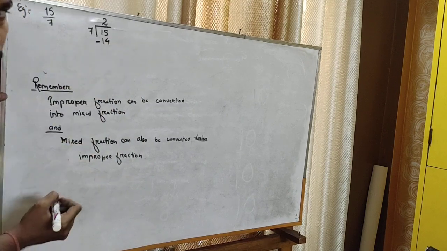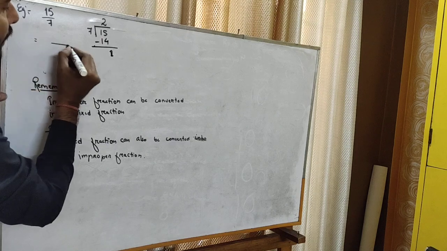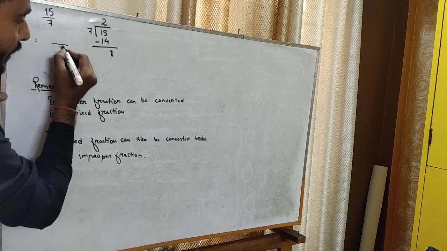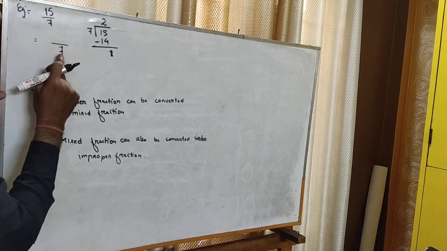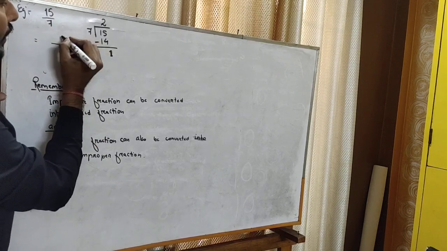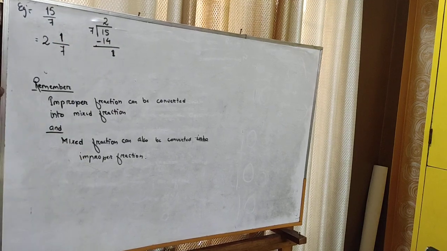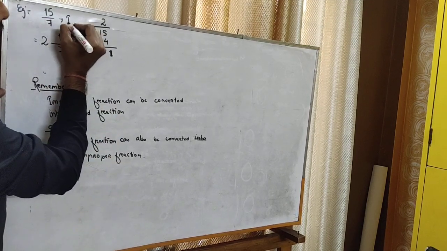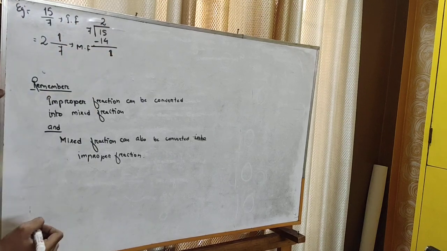I can take 2 times 7 is 14, remainder 1. The denominator never changes, so the denominator is 7 here and it will be 7 here. The remainder becomes the numerator, and this 2 becomes the whole part. So it was an improper fraction and I converted it into a mixed fraction.